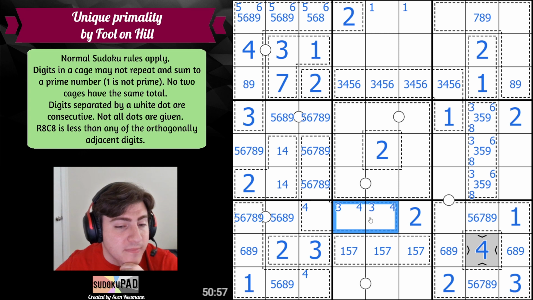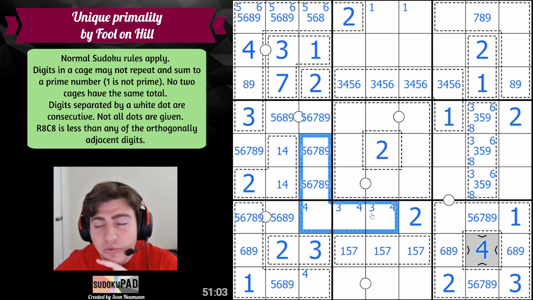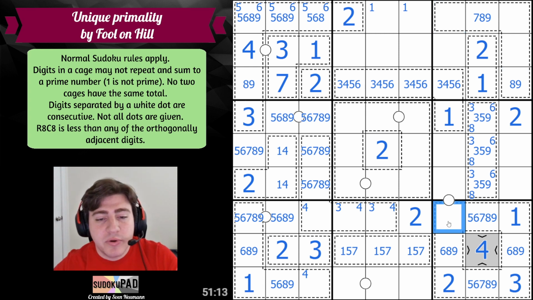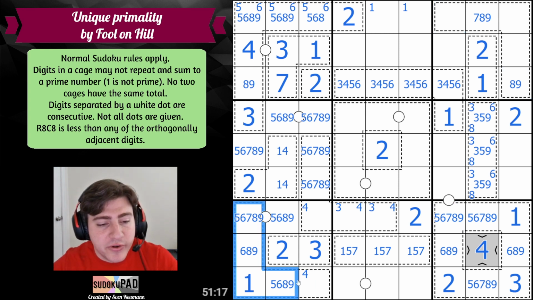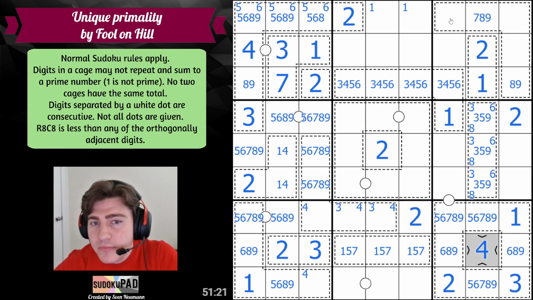Oh, that's our minimum, right? 5, 6, 7, 18. 18 plus 7 is 25. So actually, this can't be 23 any longer. And I think we said this can't be 23 any longer either, can it? One second. We might have figured it out.